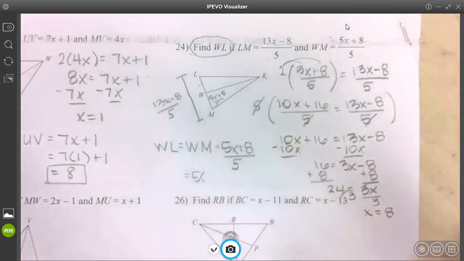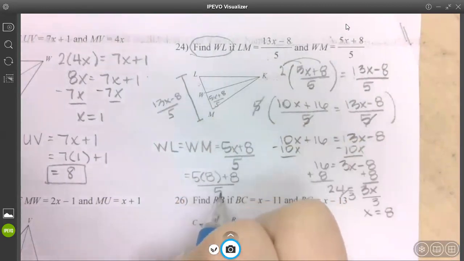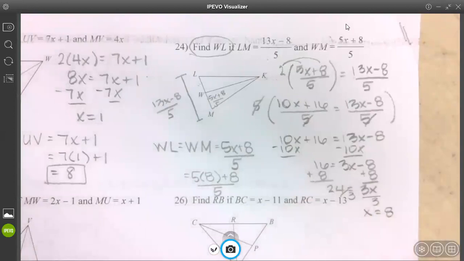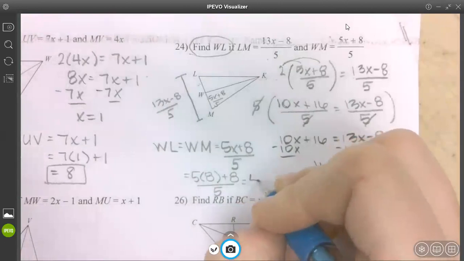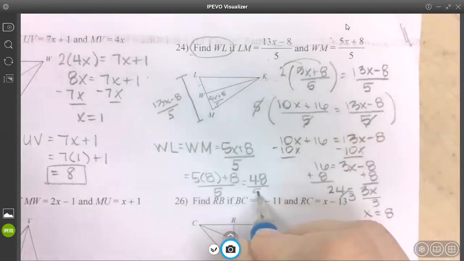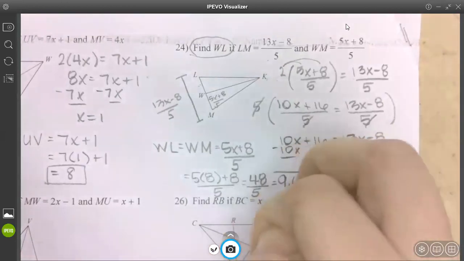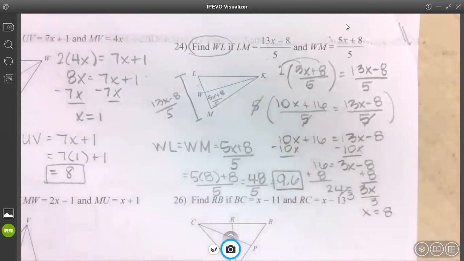So we're going to do 5 times 8 plus 8 over 5. We get 48. 5 times 8 is 40, plus 8 is 48 over 5, or a final answer of 9.6. And I just put that in my calculator. Okay.